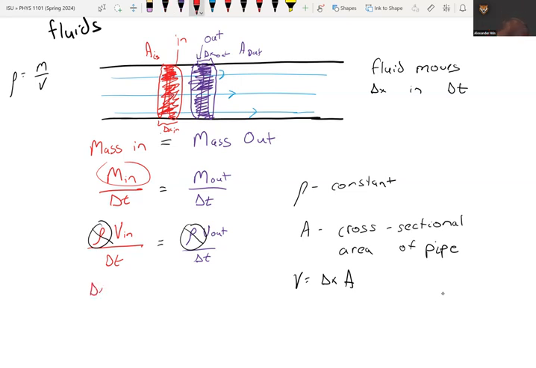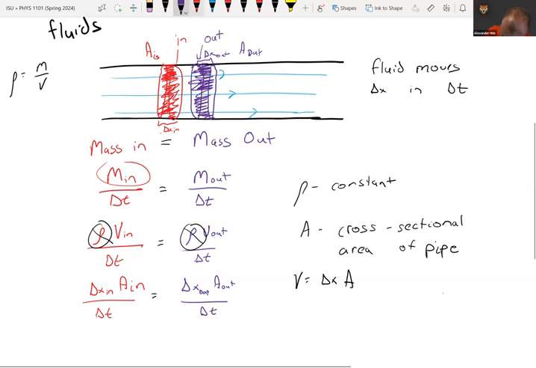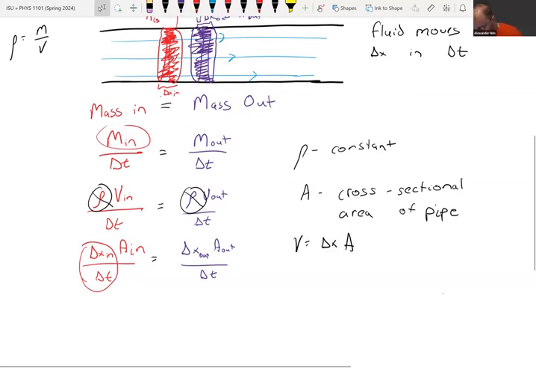Now, the whole idea behind this is that we can have delta X in times A in over delta T, and then that will be equal to delta X out times A out over delta T, where those delta T's are still just the same. Now we're going to use one last simplification here, where that delta X in over delta T is just the velocity in.